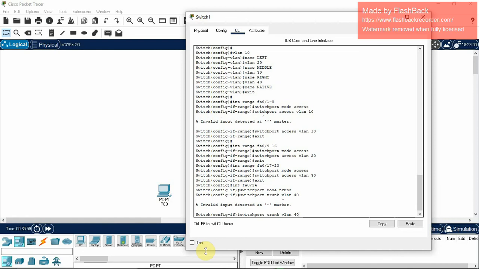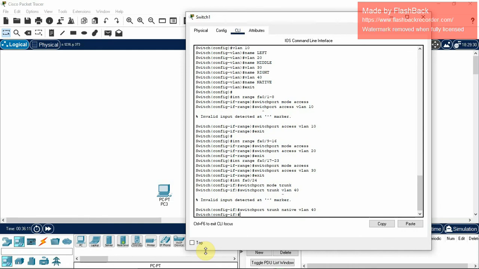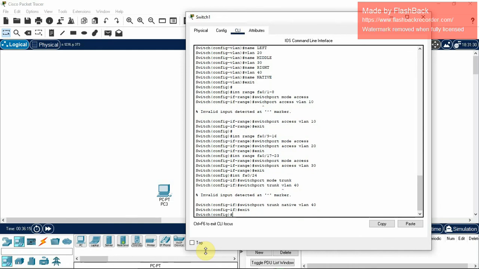Oh, right, I forgot to add the native VLAN. Let's check and see.